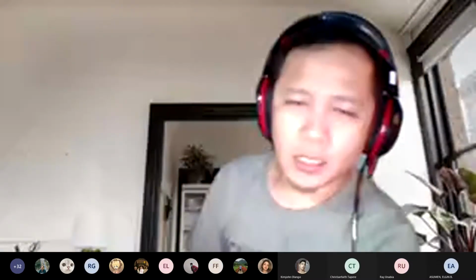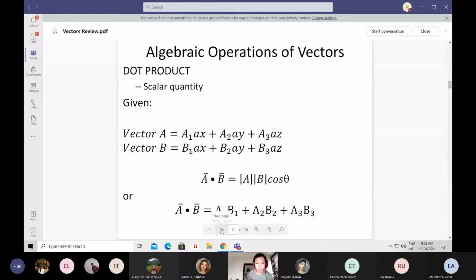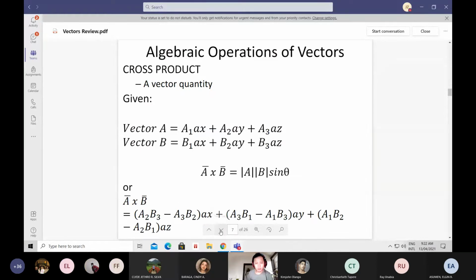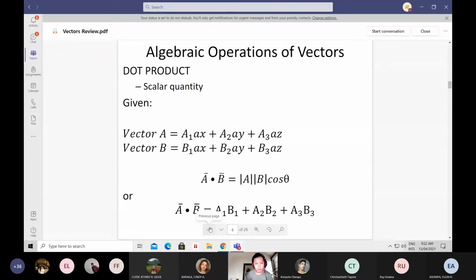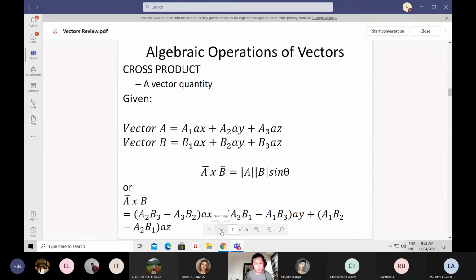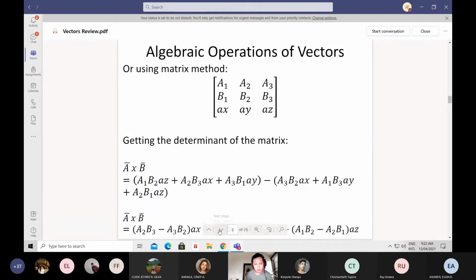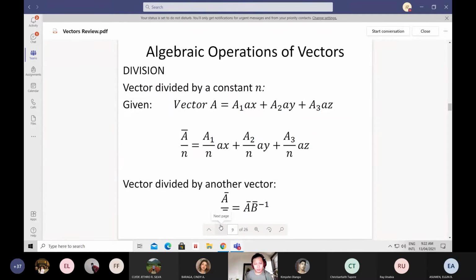Subtraction, the multiplication and division of vectors. Specifically for multiplication, you have the dot product and the cross product. And for division of vectors, there will only be division of a vector by a constant for our subject, but there will be no vector divided by another vector.